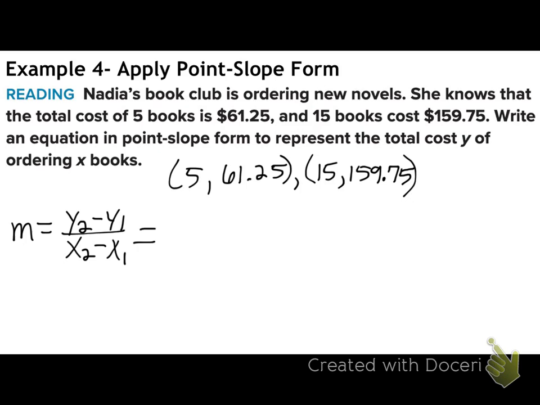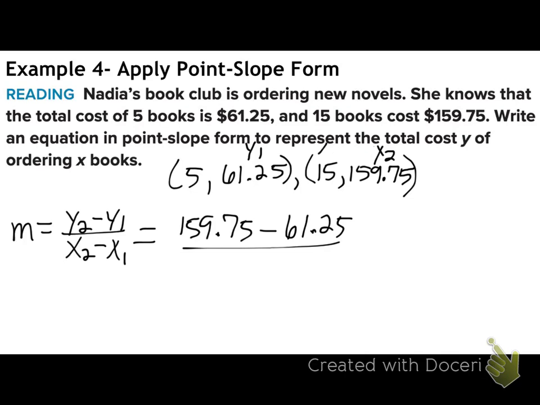What's y2? 159.75. 159.75 minus, what's y1? 61.25. We okay with my numerator? Yep. What's my x2? 15. Minus, what's my x1? 5. We okay with my denominator?